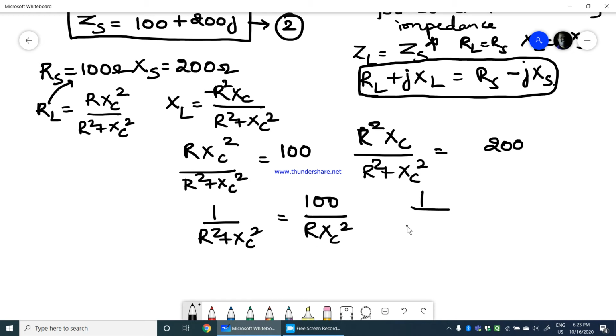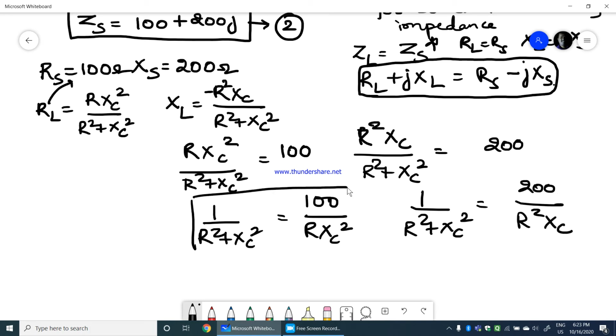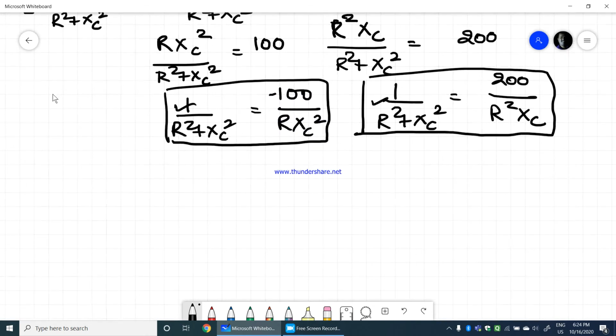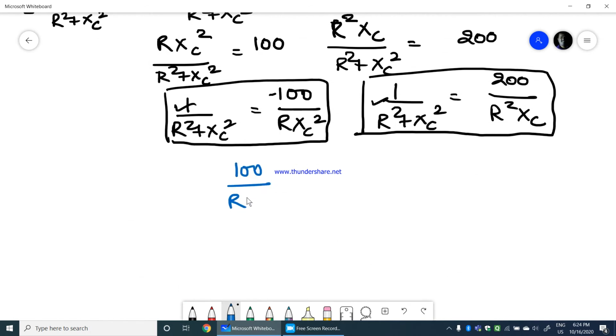Similarly here, 1 over R square plus XC square equals 200 by R square into XC. In these two equations, as the left-hand sides are both equal, the right-hand sides should also be equal. So I get 100 by RXC square equals 200 by R square XC.